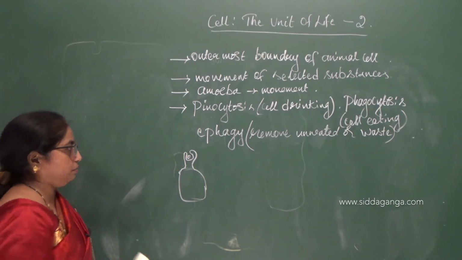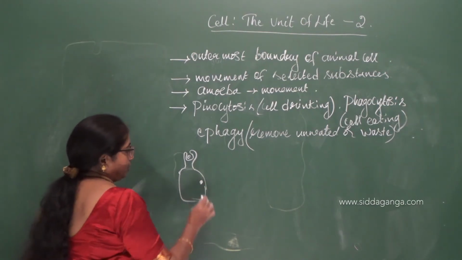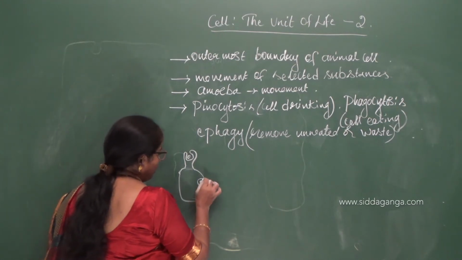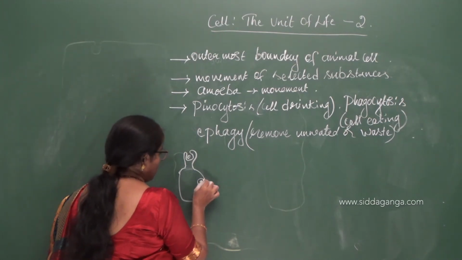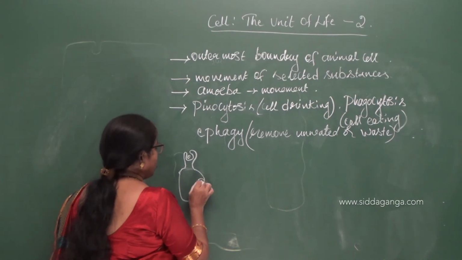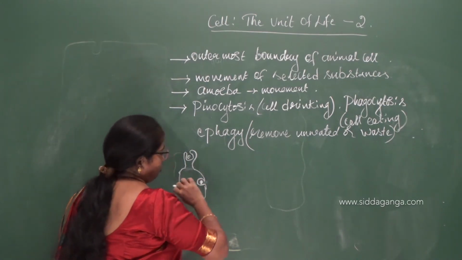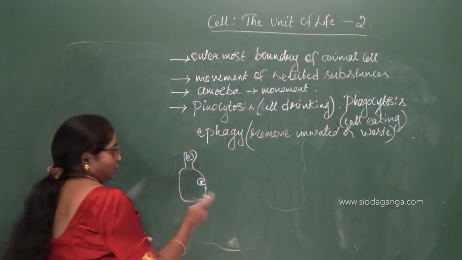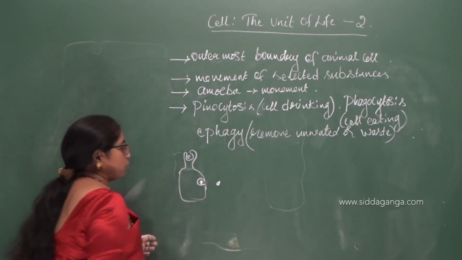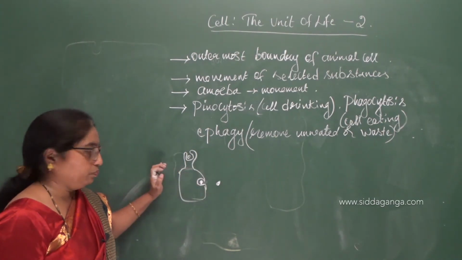And ephagy: if there is some unwanted waste molecule or substance here, once again a vesicle is formed over here, and the plasma membrane undergoes an invagination, surrounds this unwanted substance, and pulls it out of the cell, which you call ephagy. With the formation of the pinocytic vesicles, they are put out of the cell.